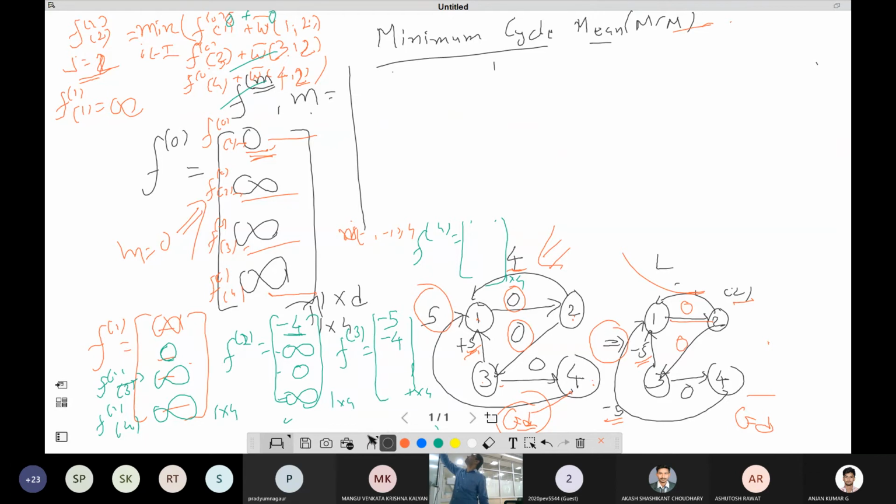Now I am interested to calculate T infinity, that is your iteration bound.